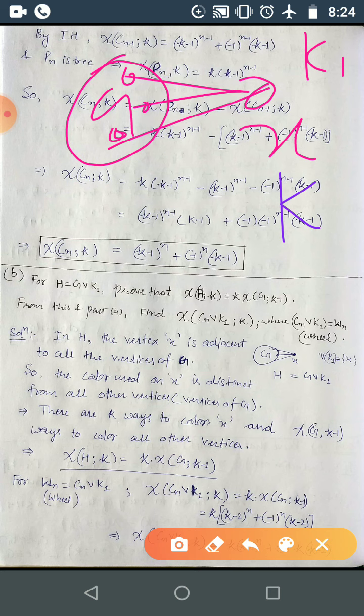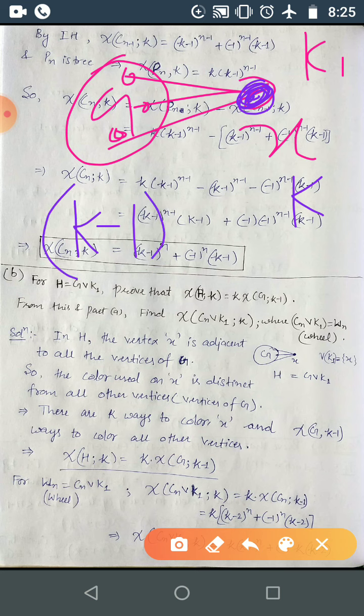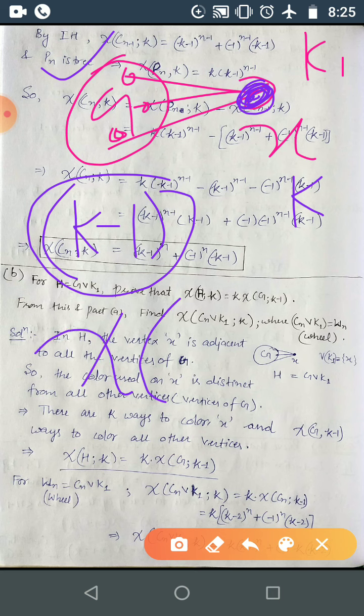So suppose we have just put one color on this vertex X, then how many colors are left out of k? So this was having k choices. So how many colors are left? k minus 1. k minus 1 colors, or you can just say choices, are left. We can choose from k minus 1 for G, correct? So for graph G, we can choose out of this one. And the number of ways to color G out of k minus 1 colors is given by the chromatic polynomial of G when k minus 1 colors are given.